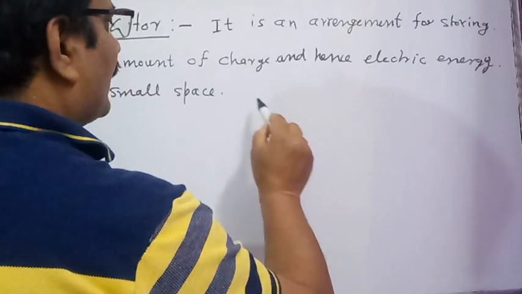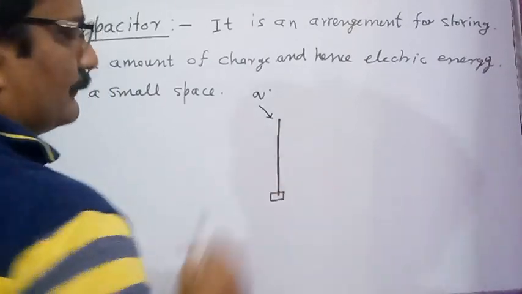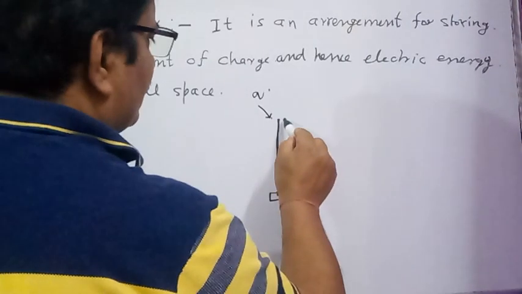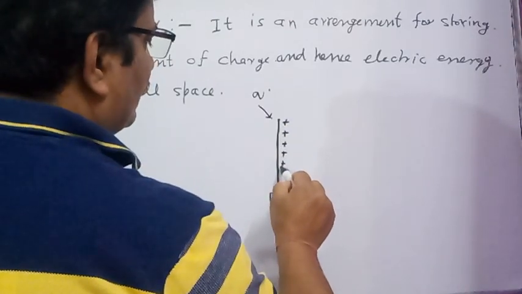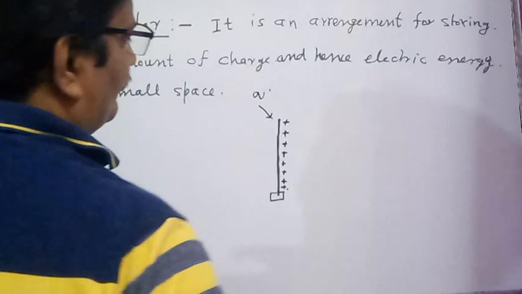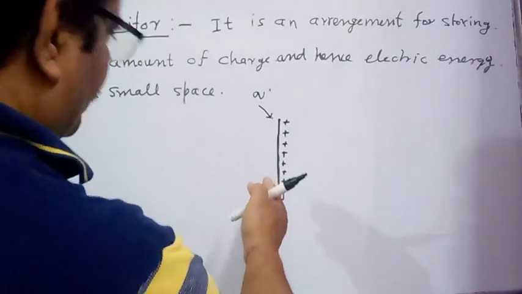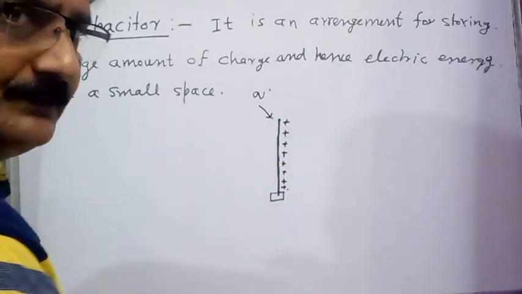A positive charge is given to this conductor. The charge spreads over the surface of this conductor uniformly. Now suppose the potential on the surface of the conductor is V.